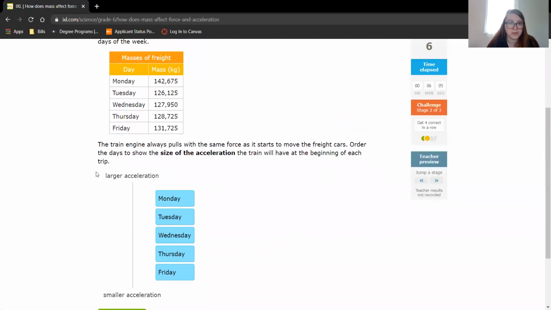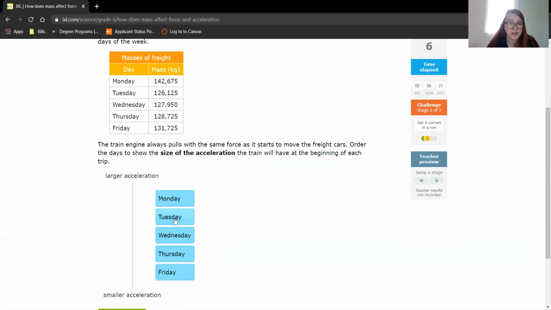So again, it wants the largest acceleration to the smallest. Largest is going to be the lightest, smallest is going to be the heaviest as far as acceleration goes. So Monday is pretty heavy.